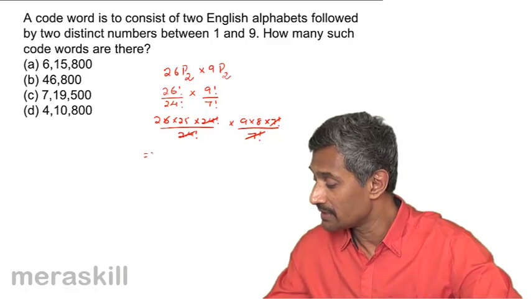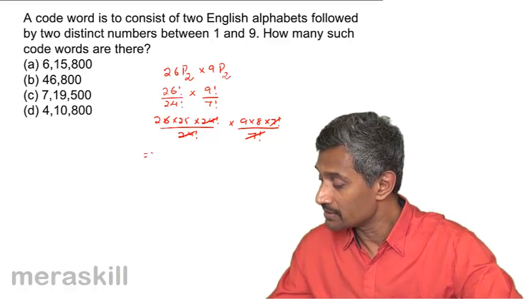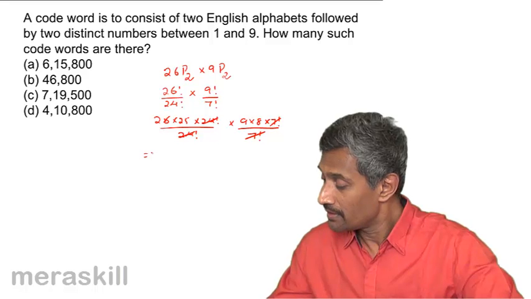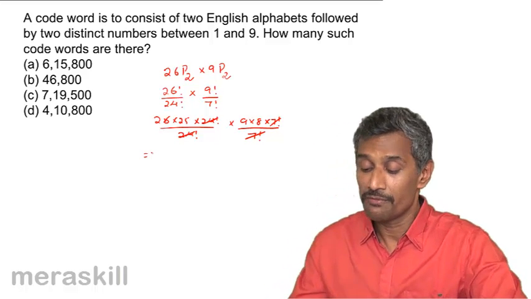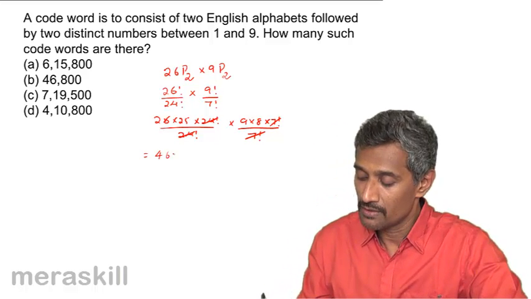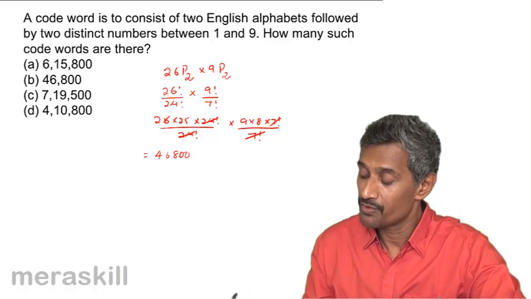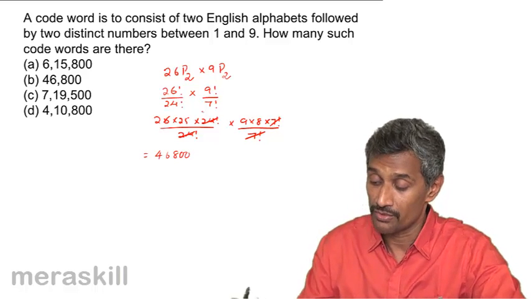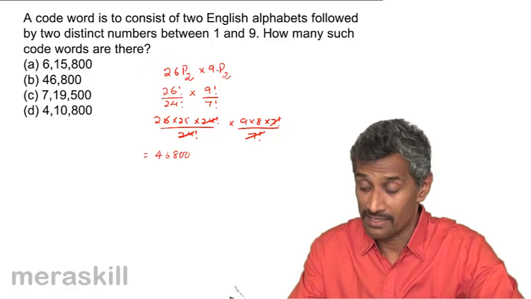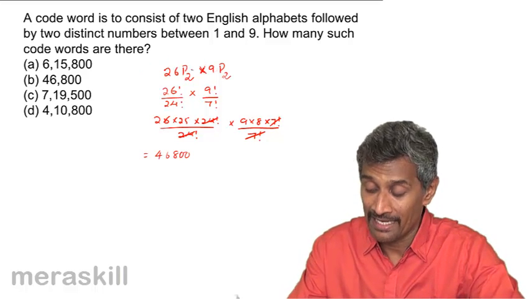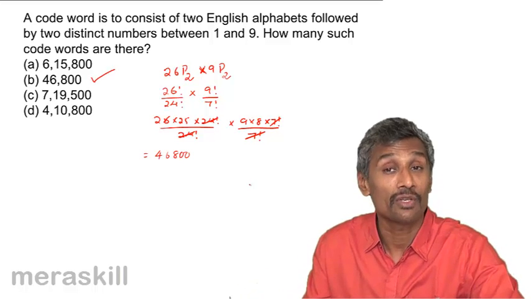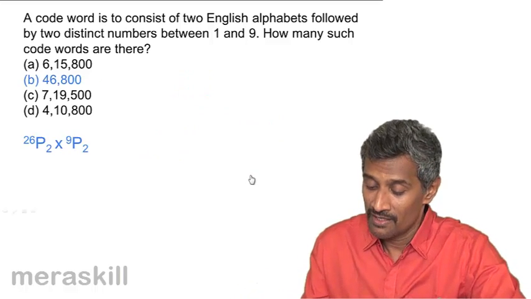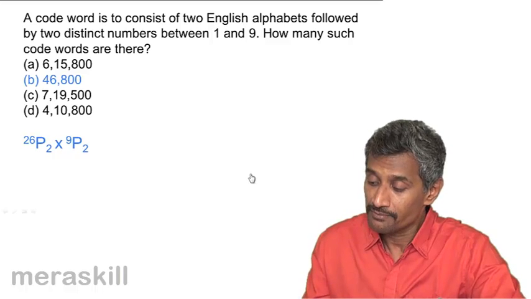Let's see what we get there, which turns out to be 46,800. So understand, this is a simple case. Again, remember it's an AND, these occur simultaneously. So our correct answer is 46,800. And we do have it that way.